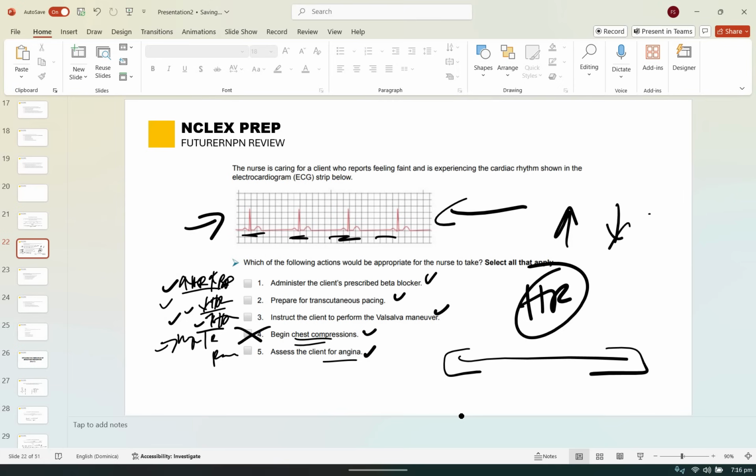Now, let me tell you another way to still spot it. If you don't even know asystole, let us say you don't know asystole, and you don't know the second thing I want to tell you, then there's no way I can help you. Now, a patient that is not responsive, are they going to feel faint? Obviously, they cannot feel faint. First of all, what is being responsive to you?